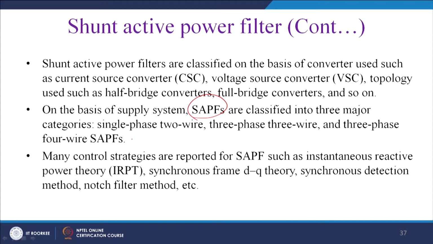Many control strategies are reported for SAPF, such as instantaneous reactive power theory, IRPT, synchronous frame DQ theory, synchronous detection method, notch filter method, etc.